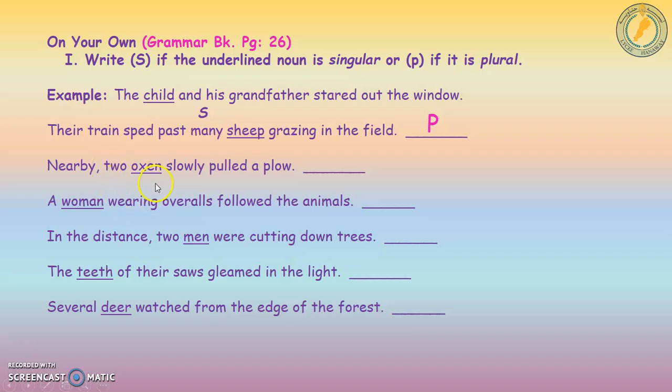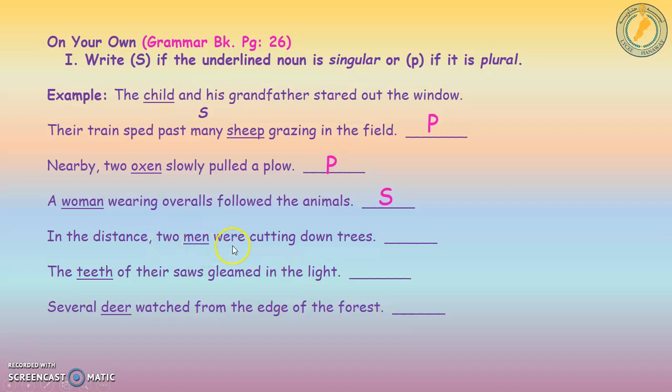Nearby, two oxen slowly pulled a plow. Two oxen, it's in the plural form. A woman wearing overalls followed the animals. A woman. So one, it's singular, yes. In the distance, two men were cutting down trees.